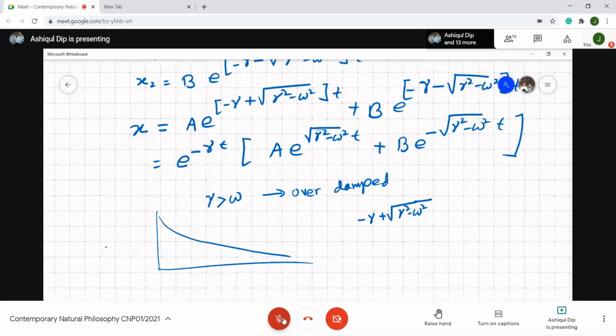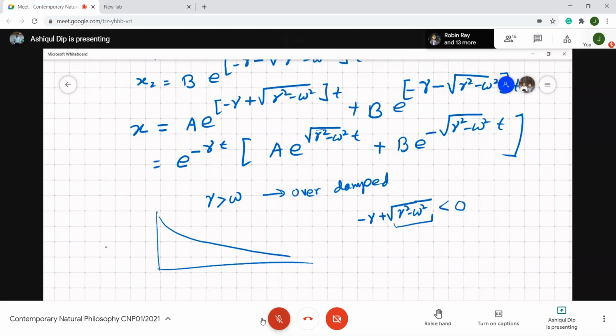Gamma is greater than omega, so the inside of that square root is positive, and the square root of some positive thing is positive. But the question is, is this part greater than that one? No. It has to be smaller, because you have already subtracted omega square from that gamma square. So this is smaller, this is bigger. So effectively, this will be something less than 0, right? Overall, this will be negative.